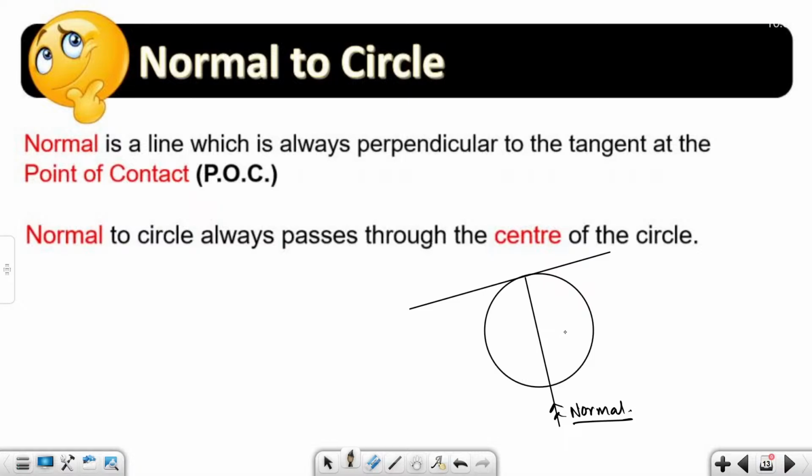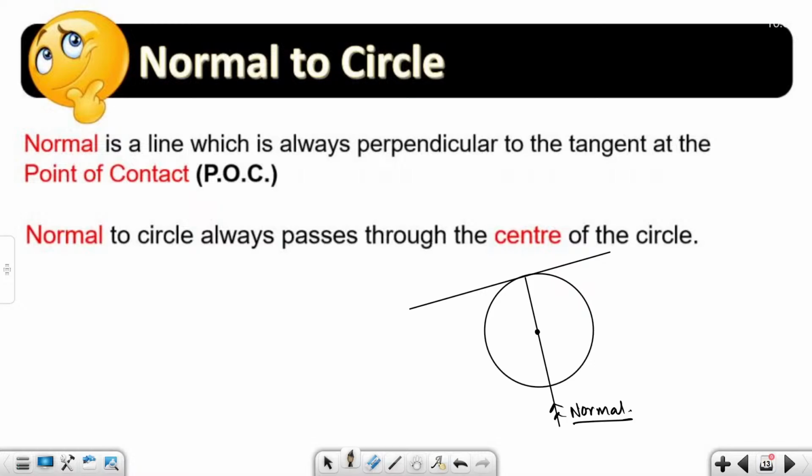And remember one thing, that only for the circle, not for the other conic sections, only for the circle, the normal always passes through the center of the circle. Is it clear? So what is a normal? A normal is a line which is perpendicular to the tangent at the point of contact, and the normal always passes through the center of the circle. Absolutely clear to all?